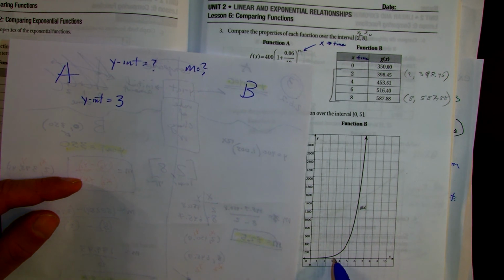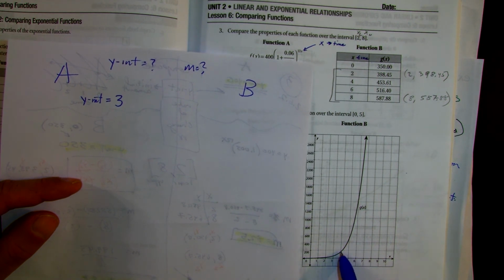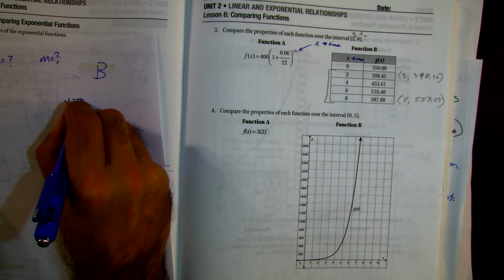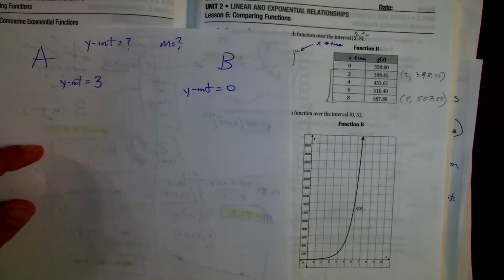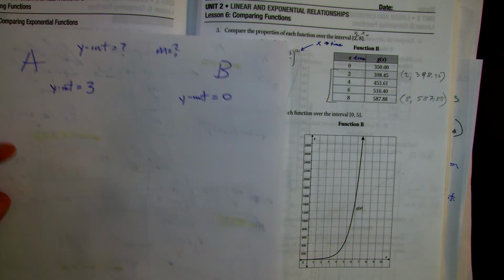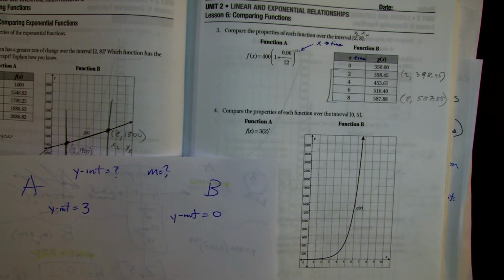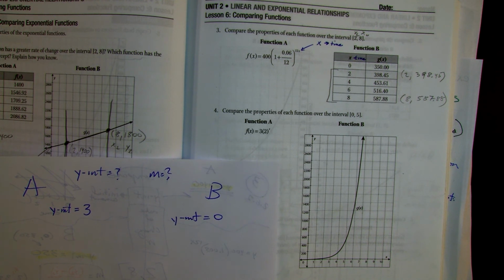Let's look at B. Because B is going to be nice because it is the y-intercept. You can see it on the graph. The y-intercept is at 0, 0. All right. Y-intercept, 0. When you have a graph or a function, it's easy to plug in 0.